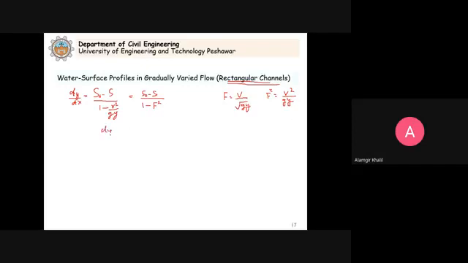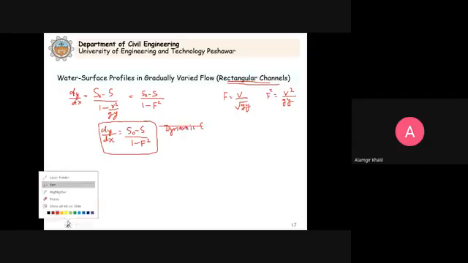This equation is known as the dynamic equation of gradually varied flow. This is in your book known as the dynamic equation of gradually varied flow.